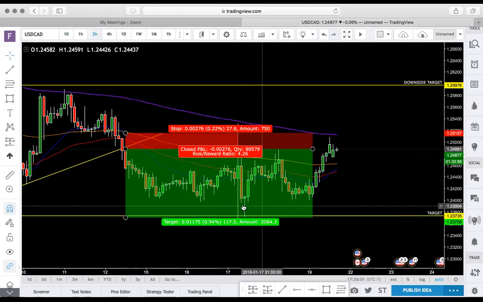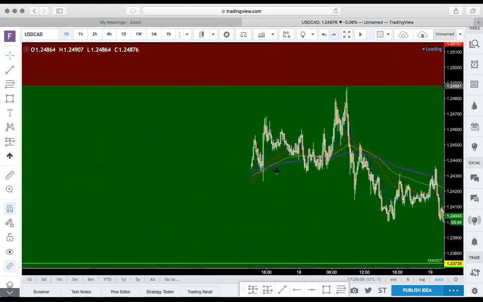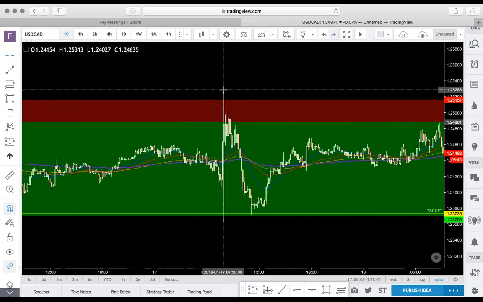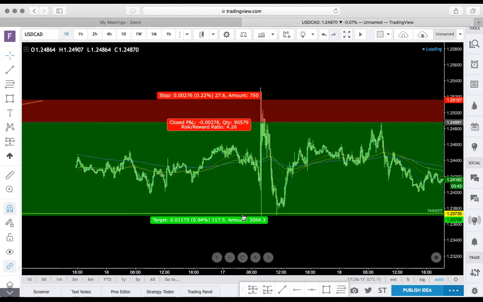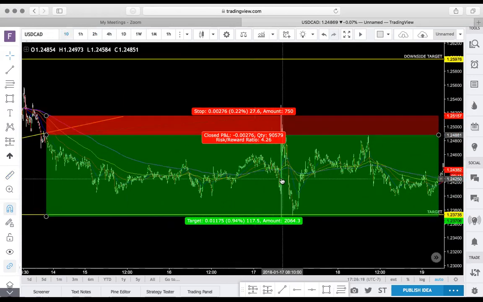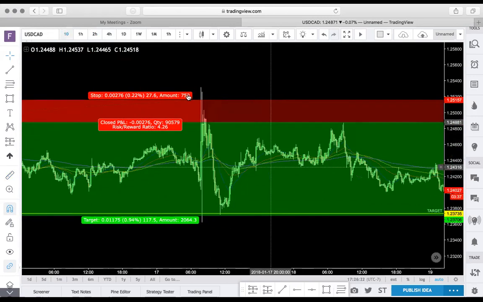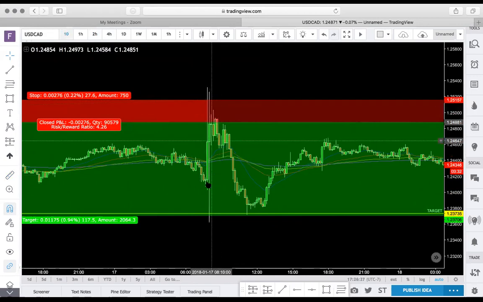It was a news event, and price shot up all the way up right here, stopped us out, and then came back in that same candle to our take profit area. So that was crappy, but it happens with news events. You could see this is what could happen when you have these announcements coming out.